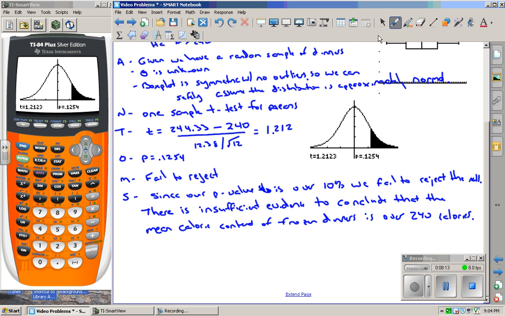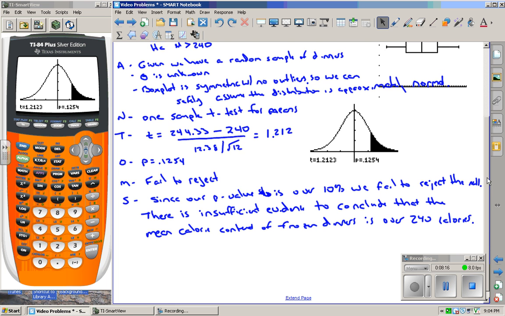And that's it. So now you have done a complete one sample t-test for means.